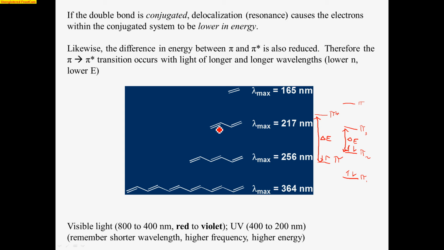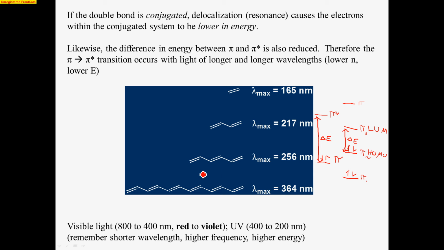As you go to longer and longer conjugation, you have a smaller and smaller energy gap between what's referred to as the highest occupied molecular orbital and the lowest unoccupied molecular orbital, so between the HOMO and the LUMO.